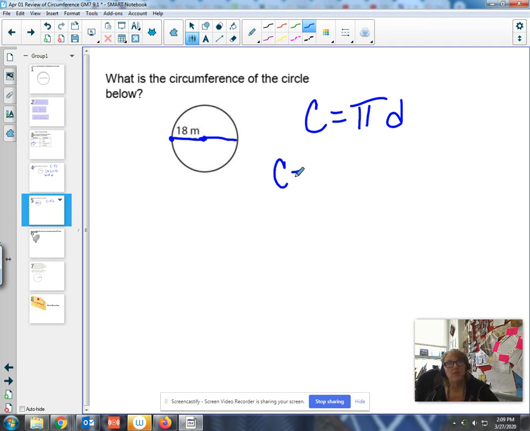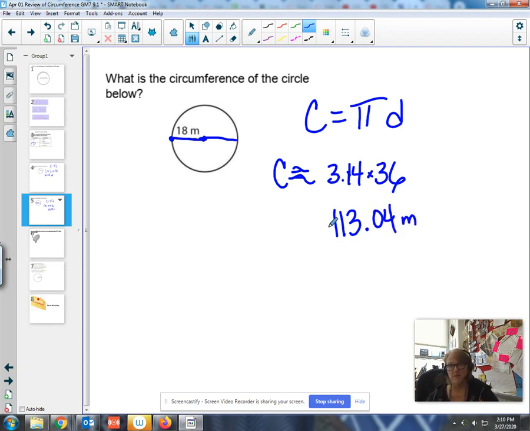So when you go to calculate this one, and again, use the decimal approximation for pi, you're going to have to use 36. Okay? Bing, bang, boom. Here we go. 3.14 times 36. 113.04 meters.